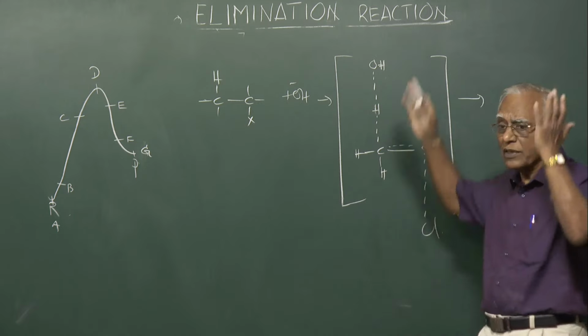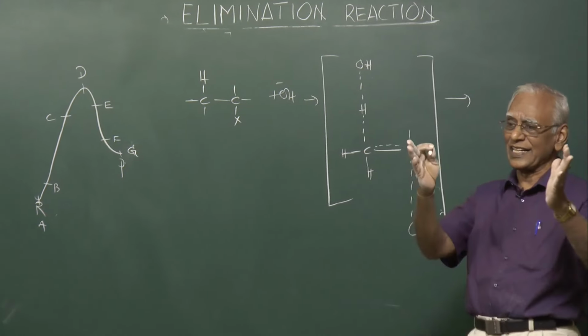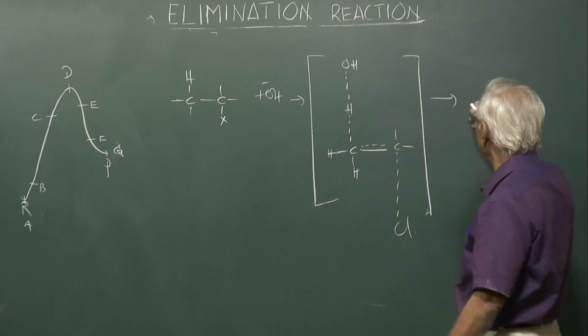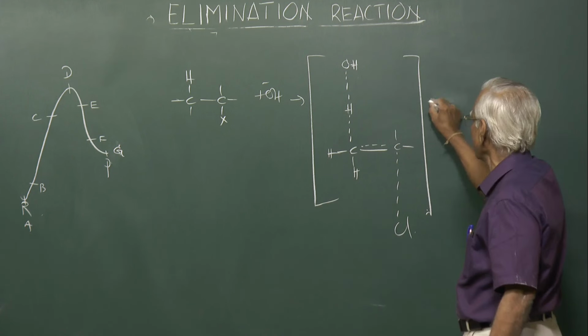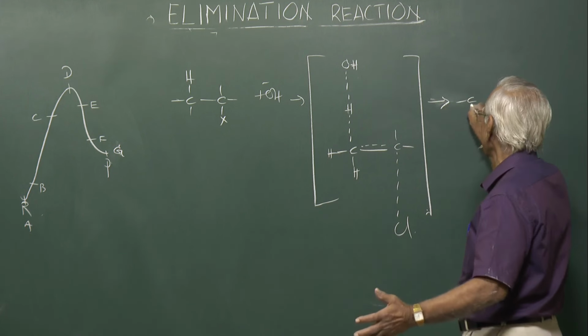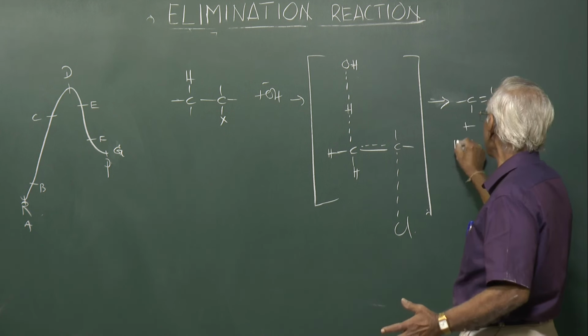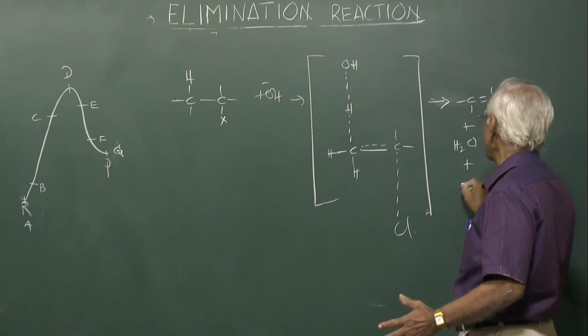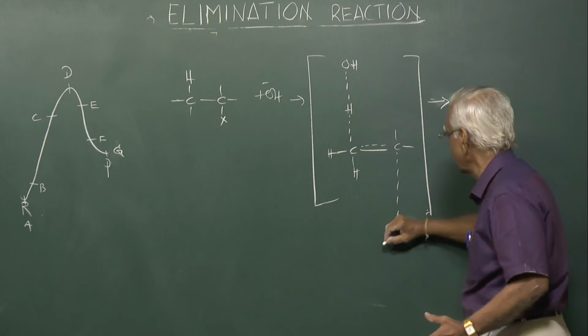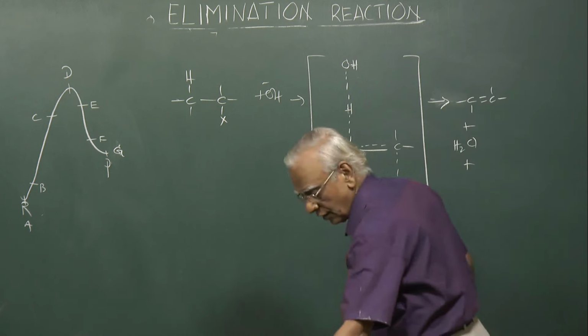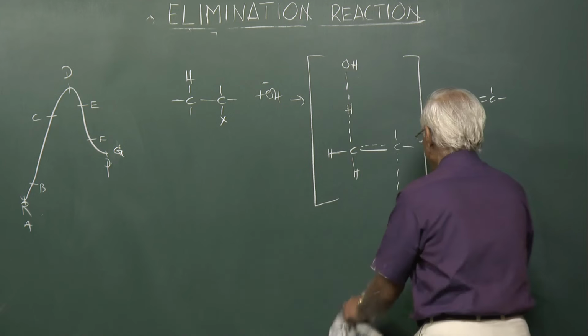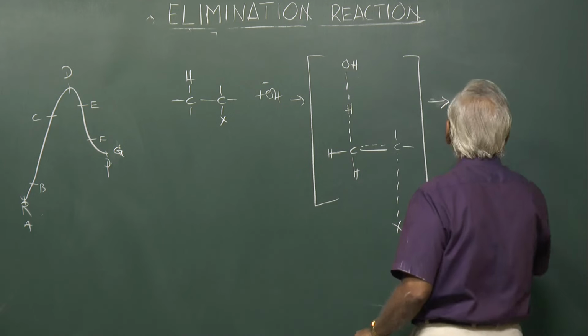I told you the structure of the transition state is incomplete. Now, for us to answer this question, I also need the structure of the product, plus H2O plus X minus. I have taken this as an X here. Let me also treat this as an X here, and X minus.